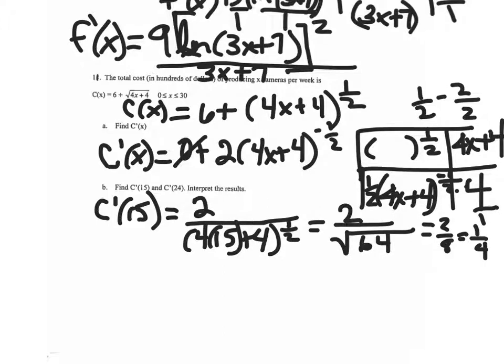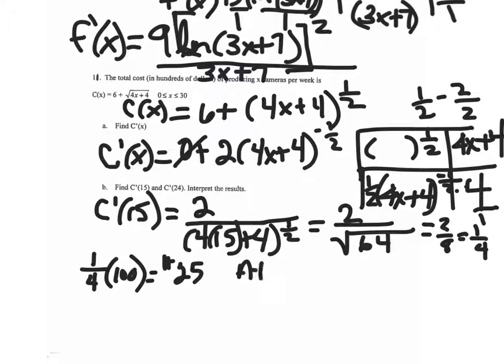So what does 1/4 mean? Very good. 1/4 of 100 is $25. So tell me in words what this means. Produce 15 cameras, we need to pay $25 per week.